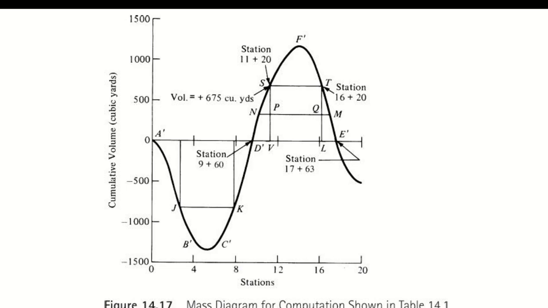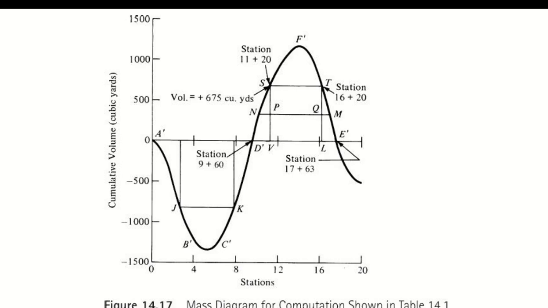So I need to find 2 points which have equal quantities, and the distance between them is 500. Between these 2 balance points of 500 feet, he will consume his free haul. For example, this J and K have a distance of 500 feet. The distance between them is free haul.